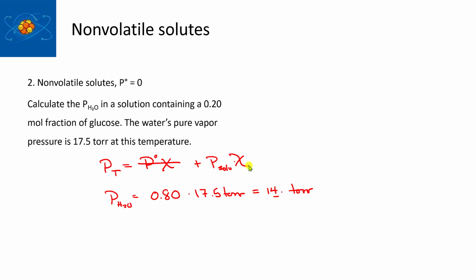If you're interested in what the vapor pressure curve looks like, it's pretty simple. This is H2O, and this is the mole fraction of water at the bottom. At a mole fraction of 1, I have 17.5 torr for water, and then it's just a straight line to 0.